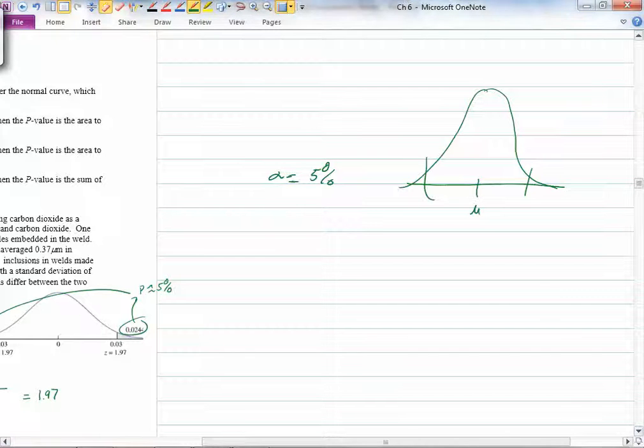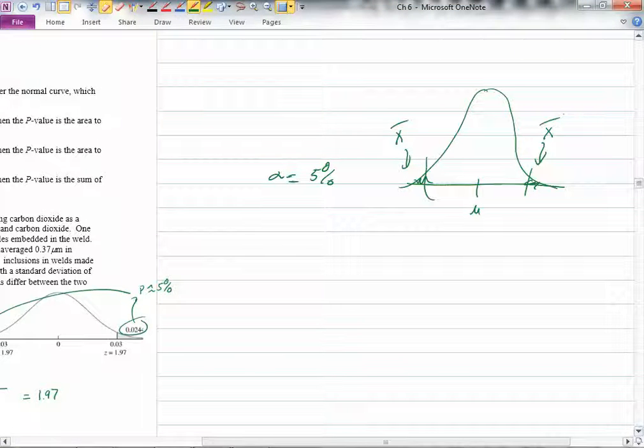Sometimes the null hypothesis will really be there, and we will get an X bar in one of those two regions, right? And if we get an X bar there, we're going to say the null hypothesis is rejected. And if alpha is 5%, 5% of the time that will happen, right? But that's the wrong conclusion.